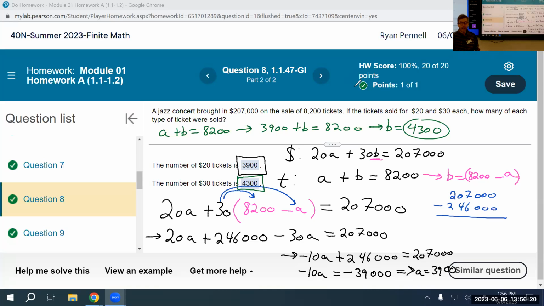All right. A lot of what happened here that causes the messiness, well, one's my handwriting, but the other is the numbers. Okay, the numbers are kind of big, have a lot of zeros. And that can make it look a little bit more intimidating at first, but remember, you can use calculators, so that can make it easy. And this is a common question. This is a kind of a classic algebra question. I mean, it doesn't have to be jazz tickets.